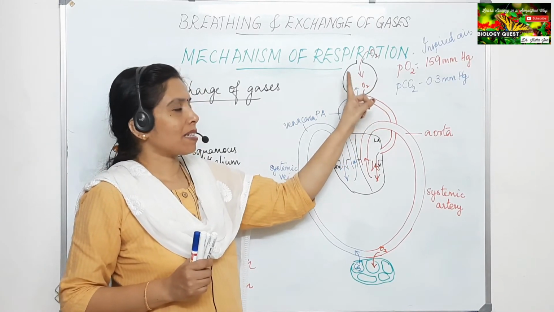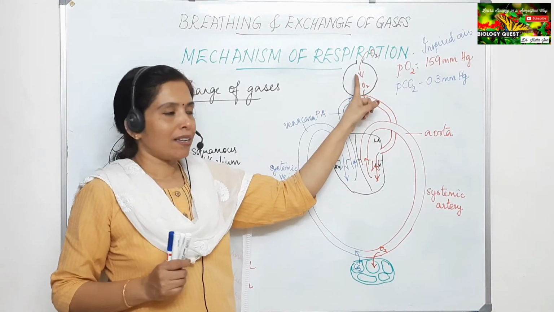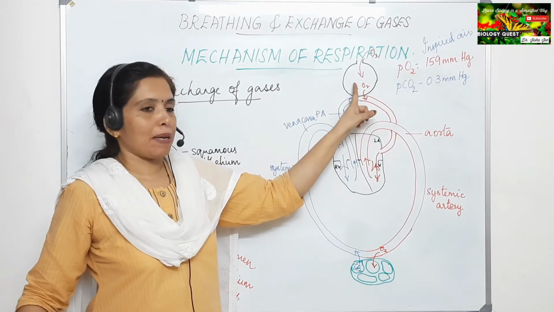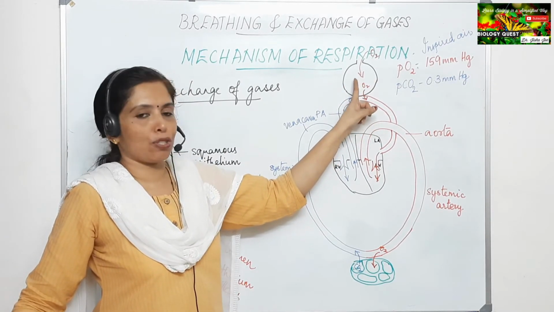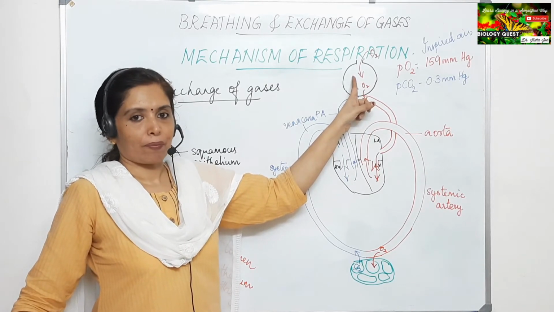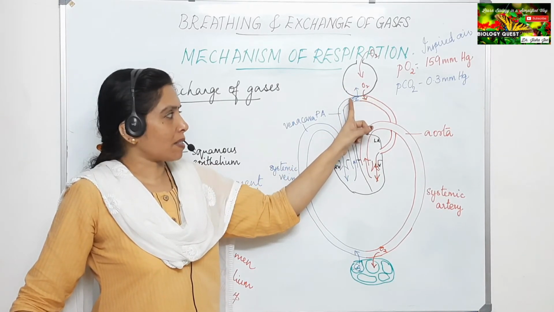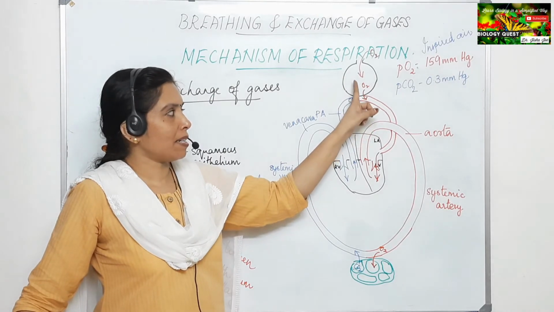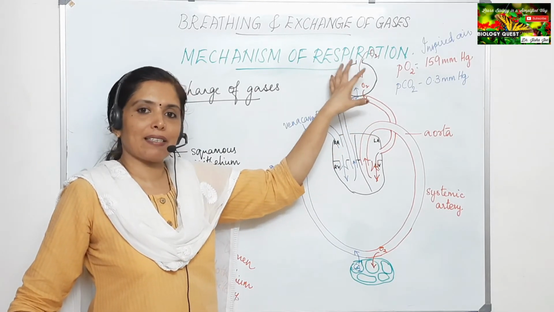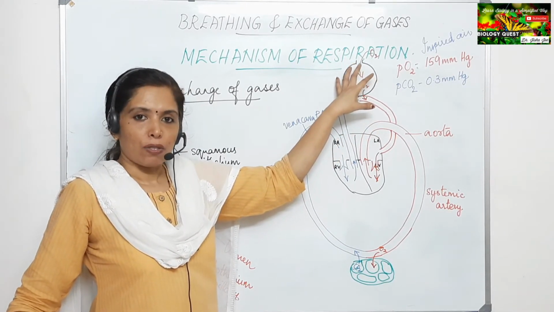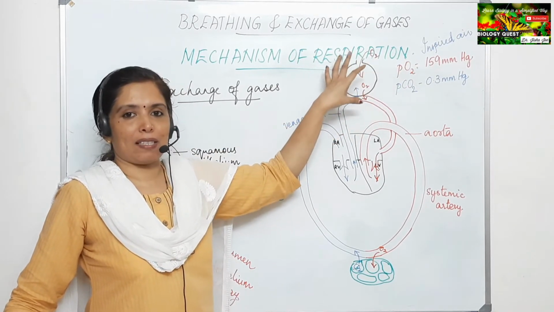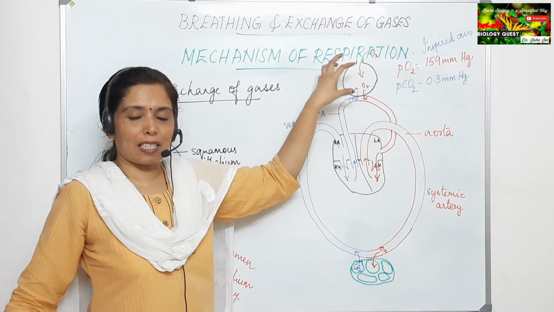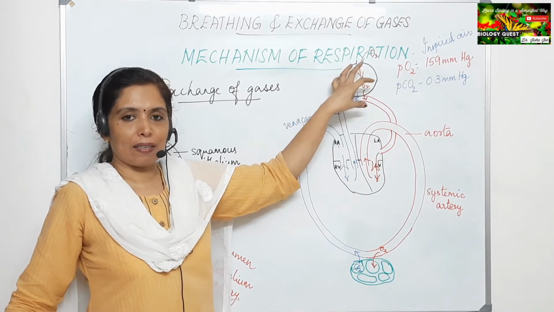Now what happens in the alveolus? Already some amount of carbon dioxide is present, which has diffused from the blood into the alveolus. So this inspired air mixes with this exhaled air that is present in the alveolus.